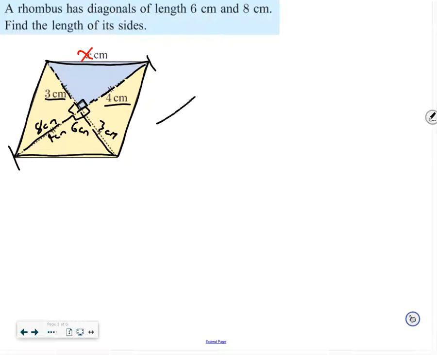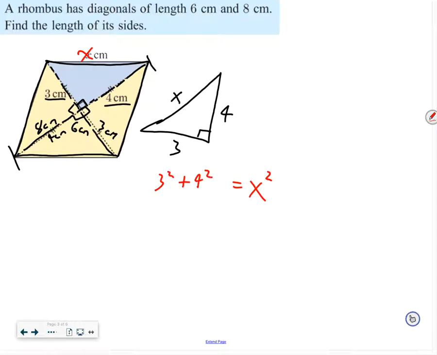So if I redraw my triangle here, in the blue, I have my right angle here, my X here, 4 here, and 3 here. So if I want to solve for my X now, okay, I notice that X is the hypotenuse, so that's left by itself, and I have 3 squared plus 4 squared. Well, I'm in luck.